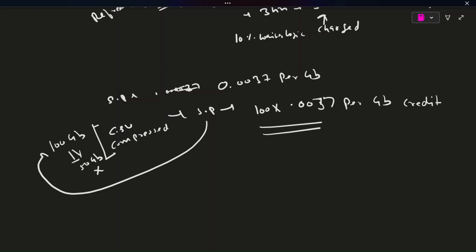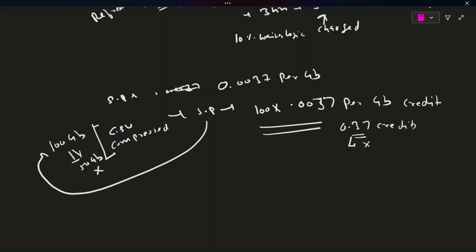You will be charged per GB on the uncompressed data. So if you are transferring this 100 GB of data and this is your calculation, it means you have consumed 0.37 credits, and then the per-unit price of that credit will be multiplied.